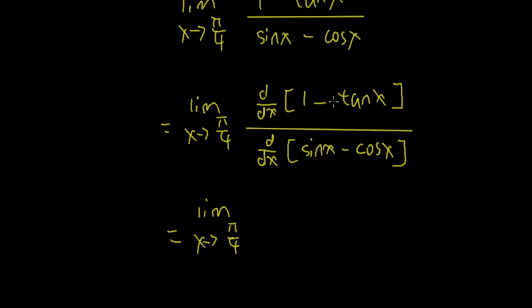Okay, now that's equal to limit as x approaches pi over 4. Now what's the derivative of the top? Derivative of a constant is 0. So we have 0 minus derivative of tangent x, which is secant square x. Divided by derivative of sine x, which is cosine of x, minus derivative of cosine of x, which is negative sine x.